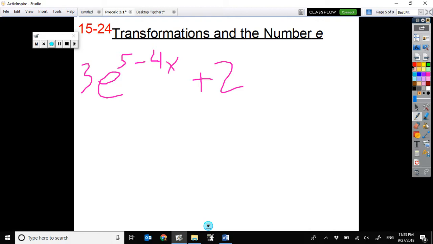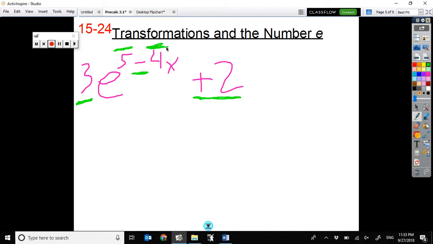So this one right here is a vertical stretch by 3. This one tells me I'm going up by 2. This 5 right here by itself tells me, because it's added to the x, that I am going left 5 units. The fact that there is a negative in front of the x tells me that I am reflecting about the y-axis.